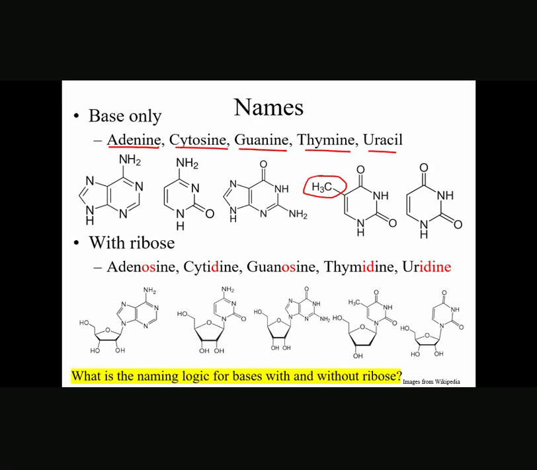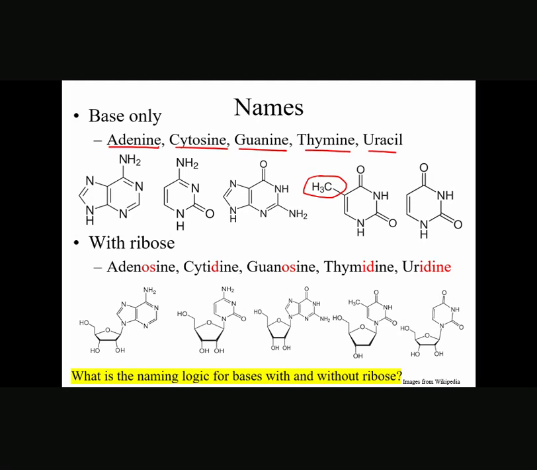I don't have any test questions on this because to me, this is splitting hairs. But as far as the pure naming convention, adenosine, cytidine, guanosine, thymidine, and uridine are the names we use for these when they're attached to the ribose ring versus when we're talking about just the base only.